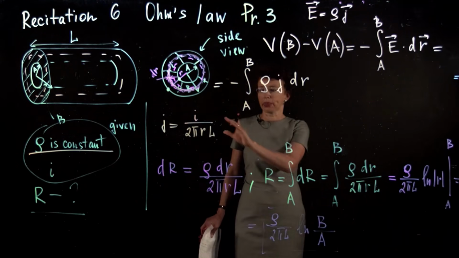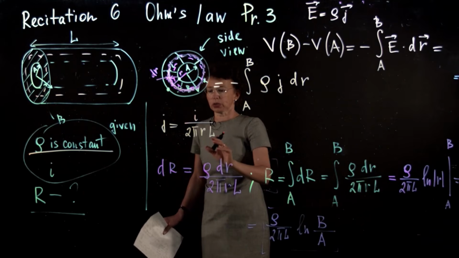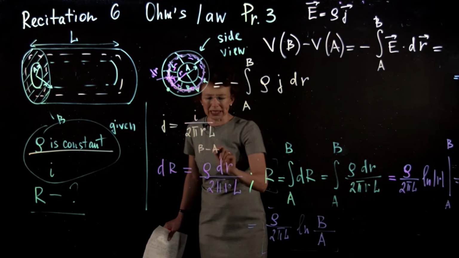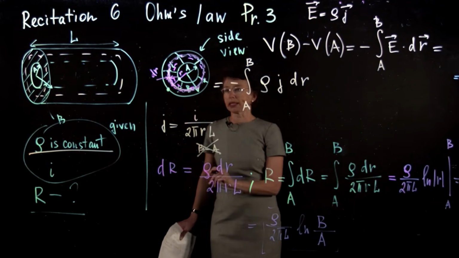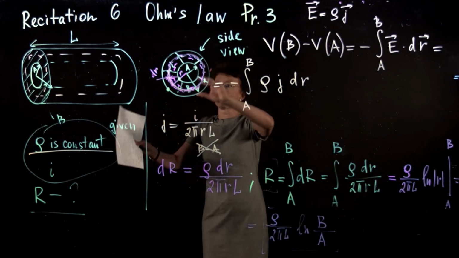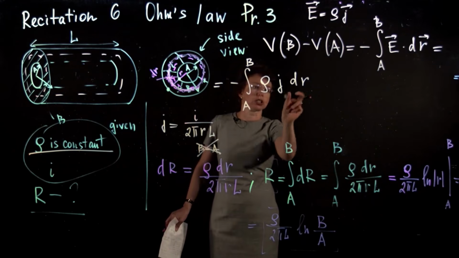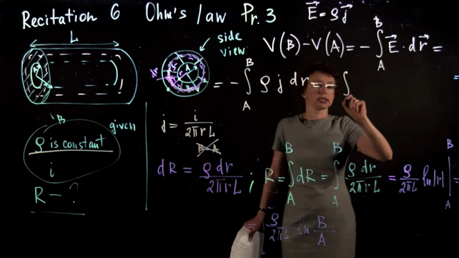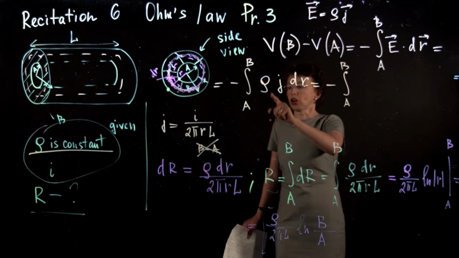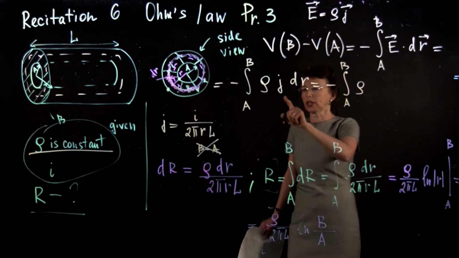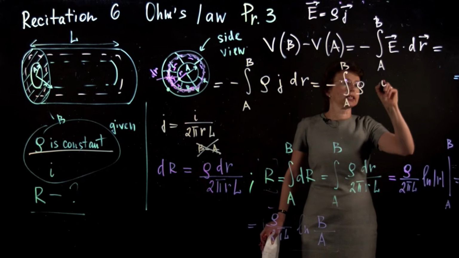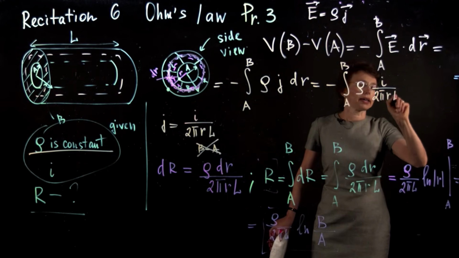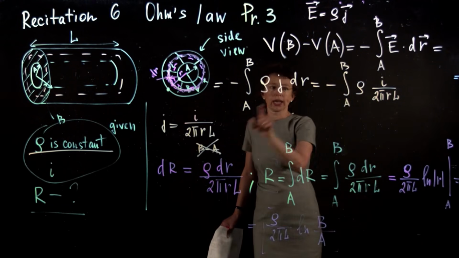This is J at that particular area, and we understand that we cannot just write it as B minus A. That would be a mistake, because it's changing with radius. We need to integrate. So it is minus the integral from A to B of rho, that is constant, times J, that is changing, it is I divided by 2 pi rL, times dr.